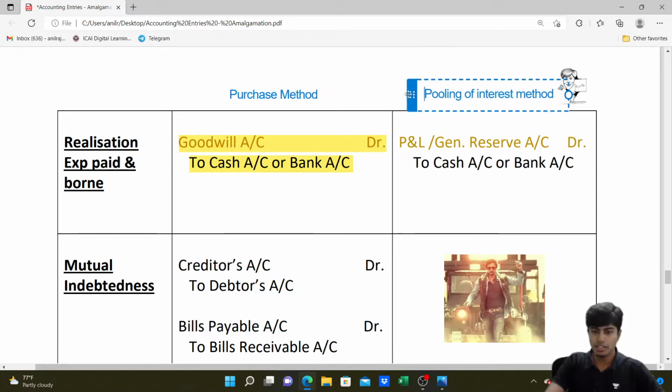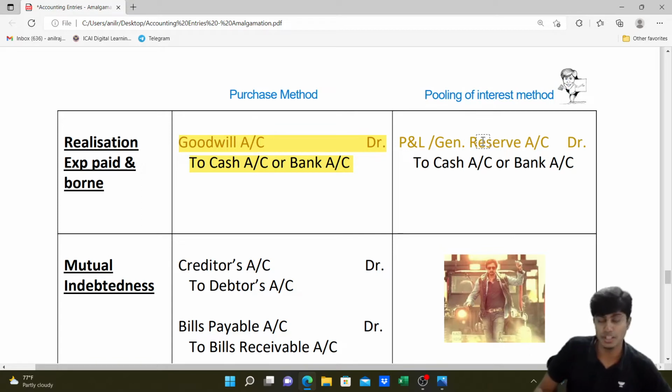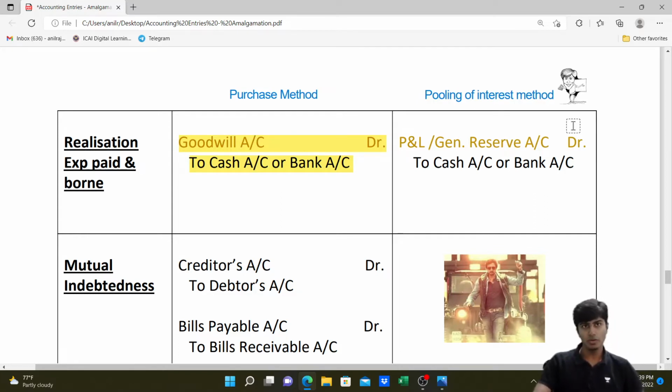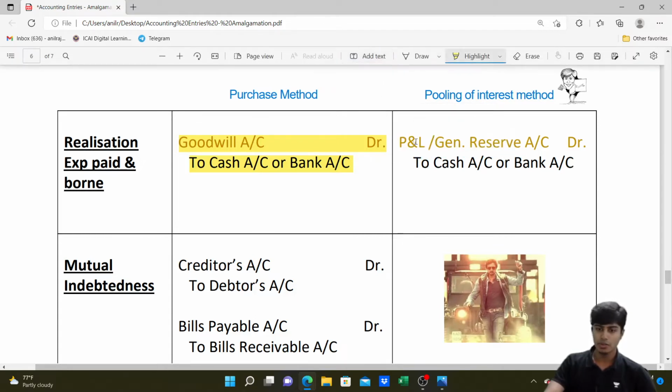Pooling of interest method is when it is amalgamation in the nature of merger, and this is purchase. Here we write goodwill account debit to cash because we don't get anything in return, but we're still incurring expense. However, if it is pooling of interest method, we cannot use goodwill or capital reserve account. It will be debited to reserves. So we'll write P&L account or general reserve account debit, and the credit will be given to cash or bank.